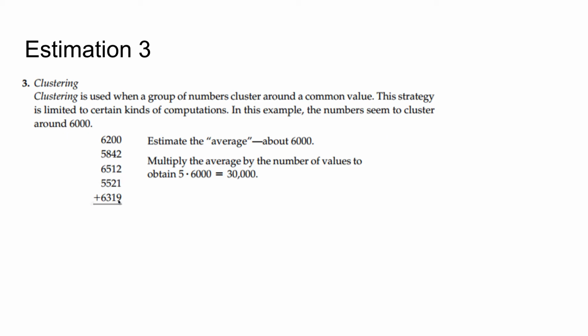So it compensates, it's about 6,000. So we can say that all of these 5 numbers can be clustered as 6,000, and I have 5 of them. So we can say it's approximately 5 times 6,000, which is 30,000.